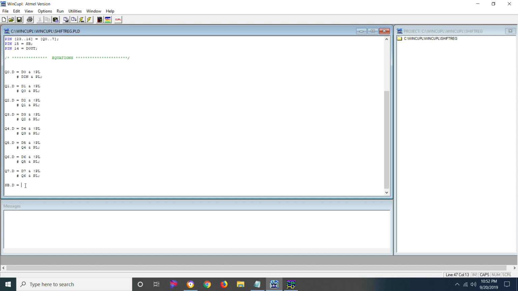So let's go ahead and put that down because that's an obvious state. So if Q7 and PL are high, but if we want a high start bit, then we also have to figure out how we give this data. And we only have, really, 8 data pins. So how do we tell it that it needs to go high?